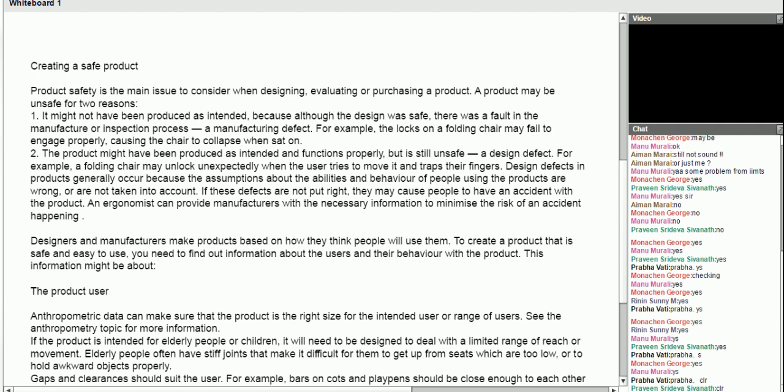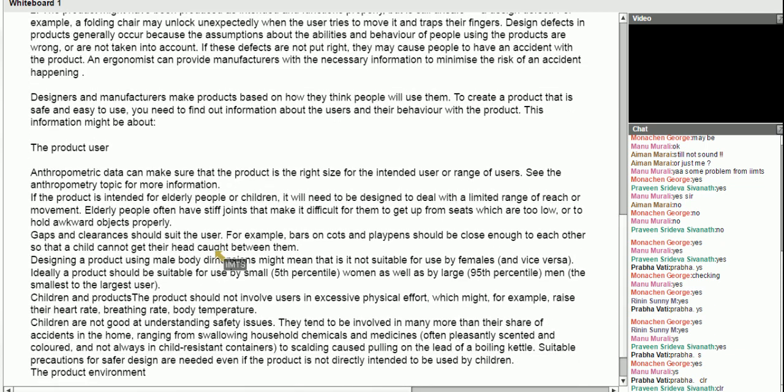This information might be about the product user, that is, anthropometric data can make sure that the product is the right size for the intended user or range of users. So for getting the user sense, what the organizations do, they carry out a survey to get the sense of the customers, what they think about the product.